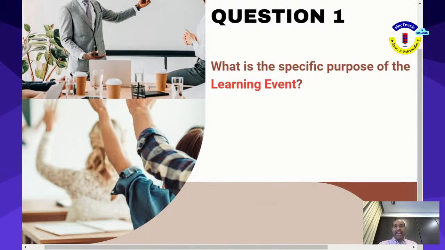Or in some cases, it can be internal development, like I want to develop my individual contributors into leadership positions. What shall I do? So question number one, which I want all of us to focus on, is what is the specific purpose of the learning event? That may help on one side.